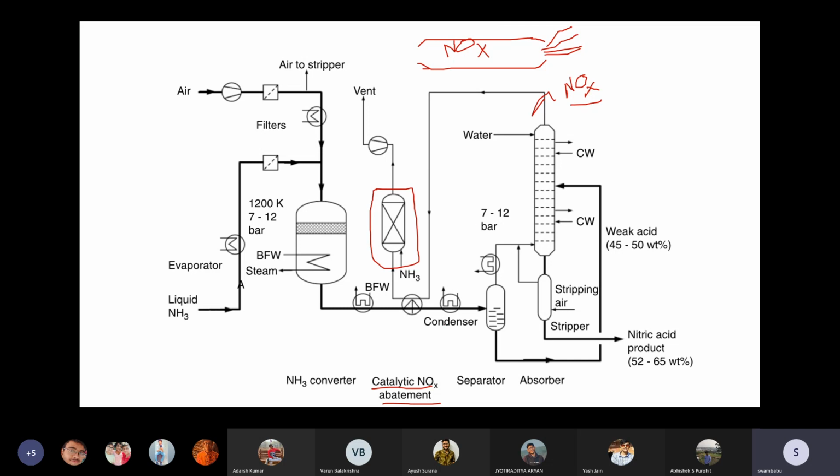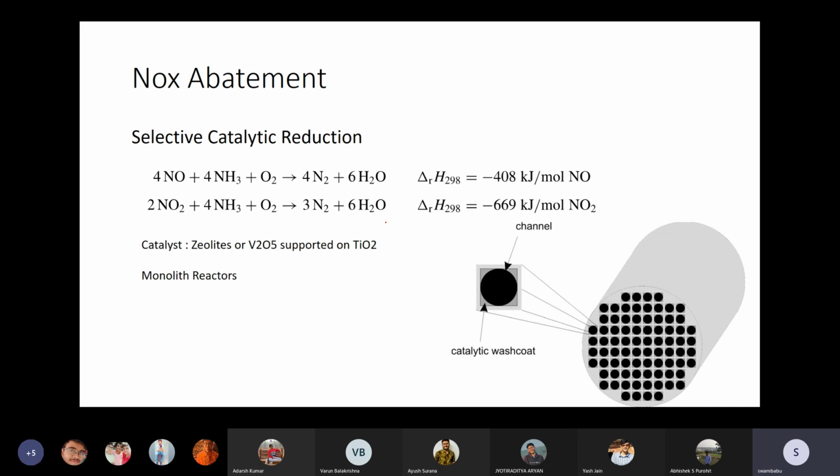Similar converter is used even here, in this nitric acid plant. How this converter works, a few more details you will understand here. How do we do this NOx abatement, this NOx reduction? This is a selective catalytic reduction process.